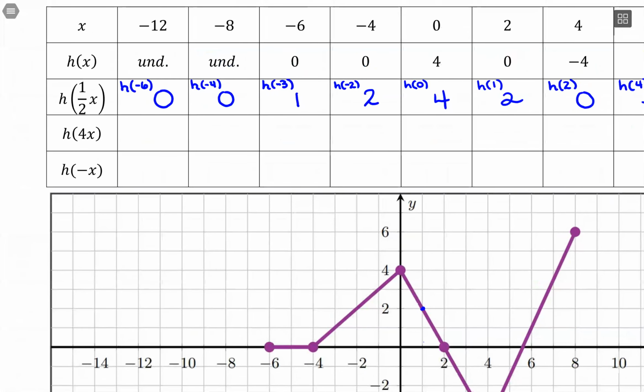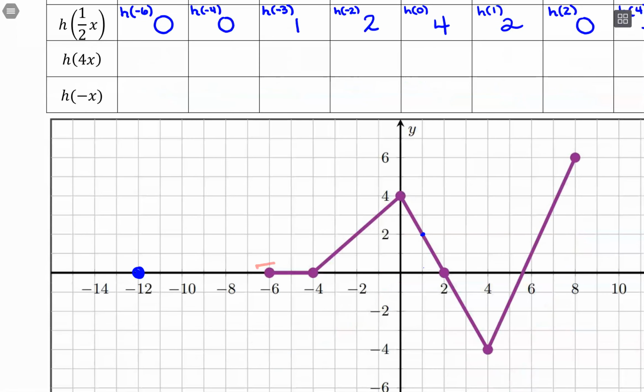Where we were at x equals -12, we have an output of 0. That's coming from the movement of this coordinate here, -6, 0, which is now out at -12. When we had vertical stretch and compression, it was the distance from the x-axis that we were increasing or decreasing.